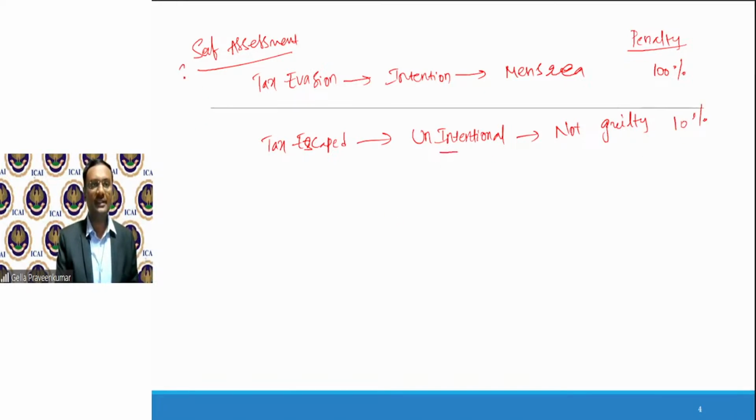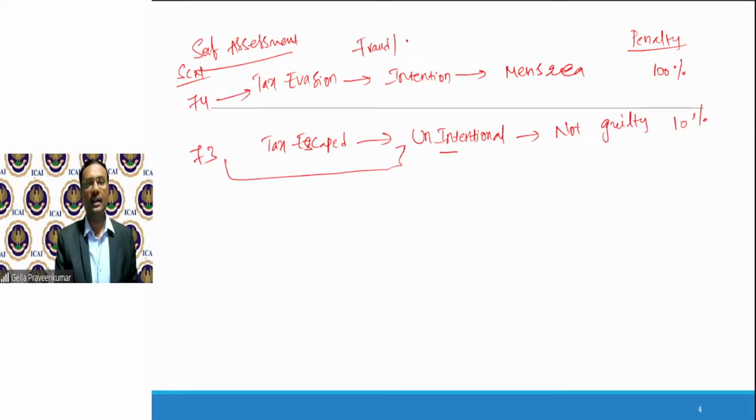When a show cause notice is issued, section 73 is for unintentional mistakes. Section 74 is in relation to evasion, which is on account of fraud, willful suppression, or willful misstatement.